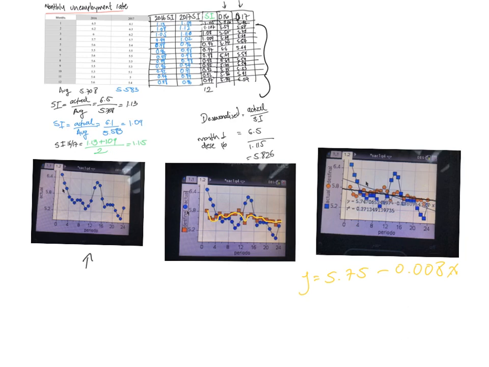It's our deseasonalized equals 5.75 minus 0.008 times our period. And there you go. You get the equation of that last deseasonalized graph.